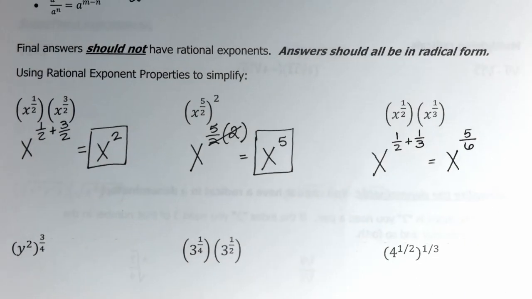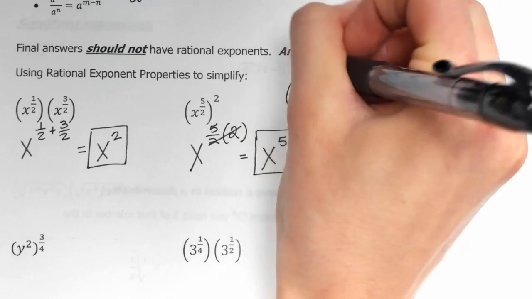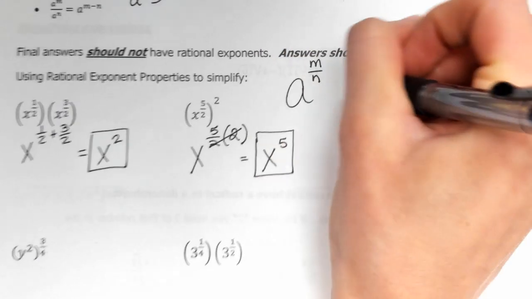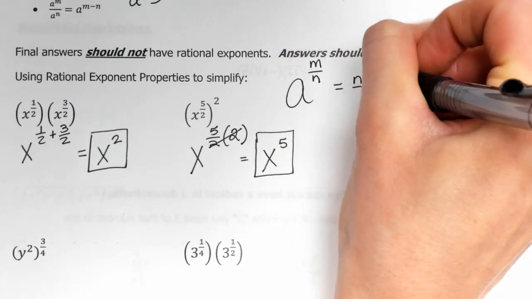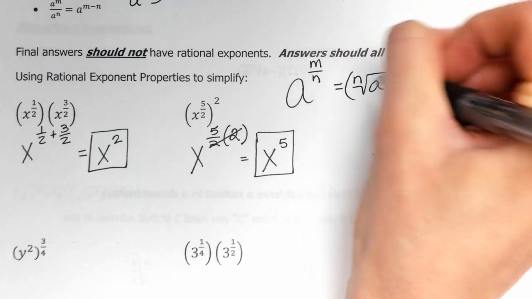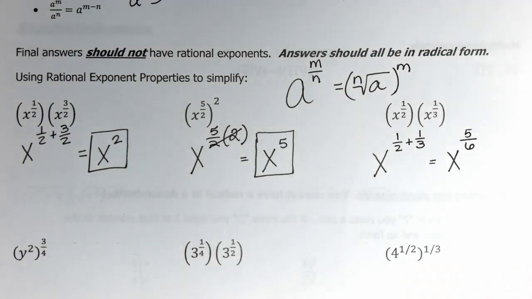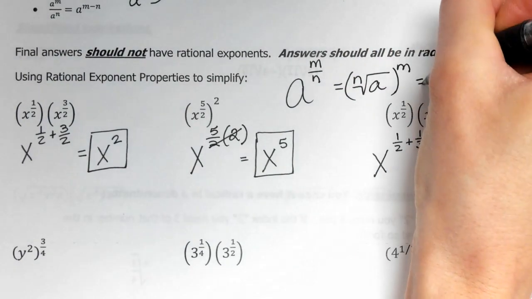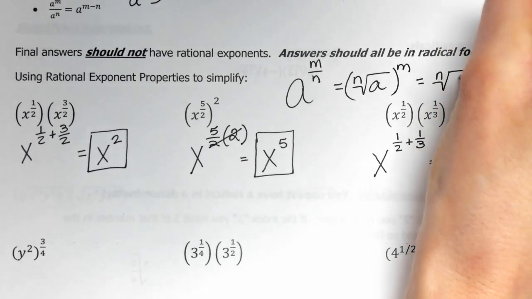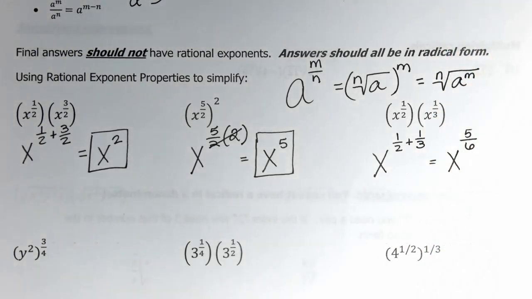So remember the rule that we discussed last time, a to the m over n power, you can rewrite as the nth root of a raised to the m exponent. Or you can also write it as the nth root of a to the m. You can put that exponent underneath the radical also. Okay?